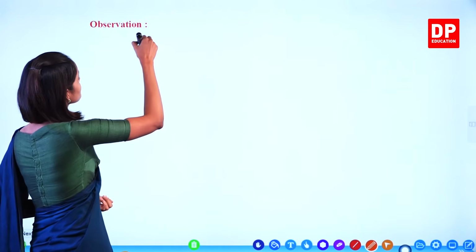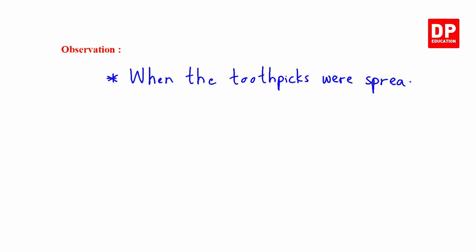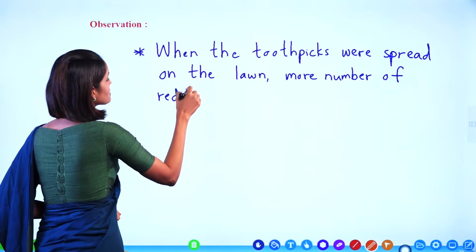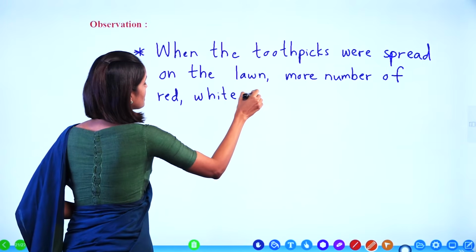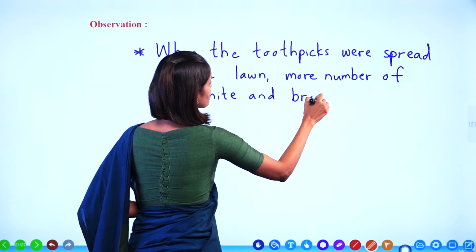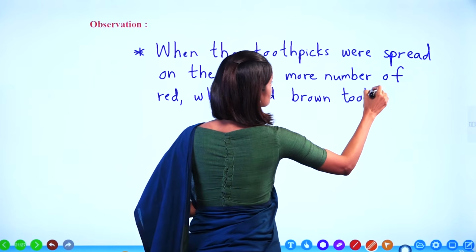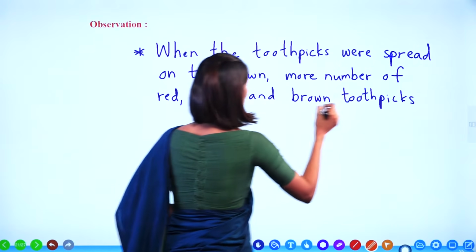So observation: when the toothpicks were spread on the lawn, more number of red, white and brown toothpicks were picked up.